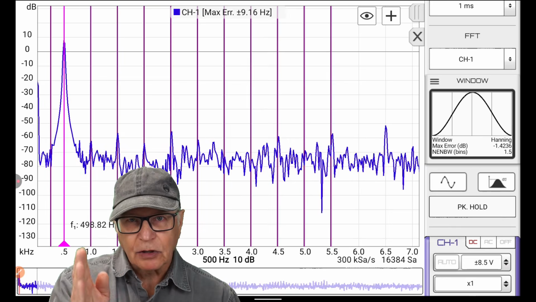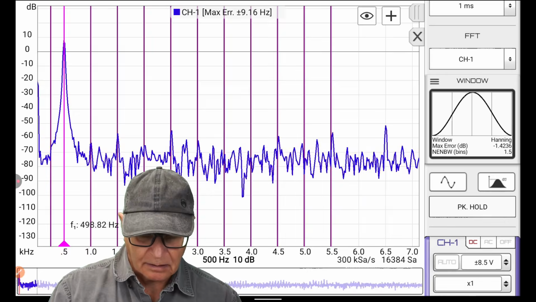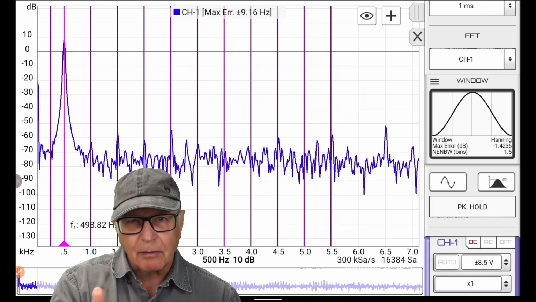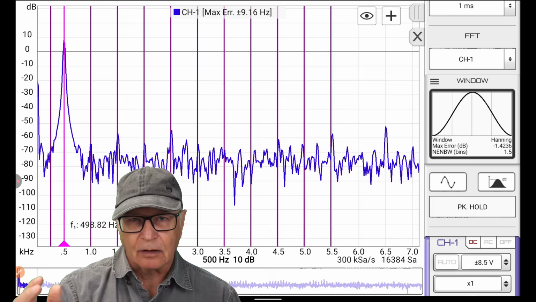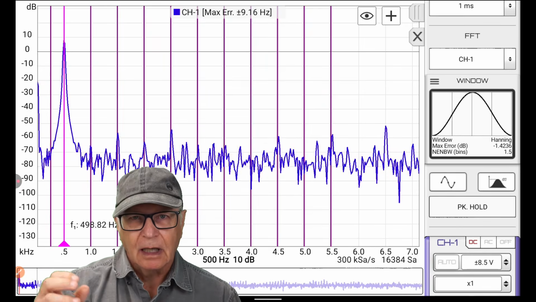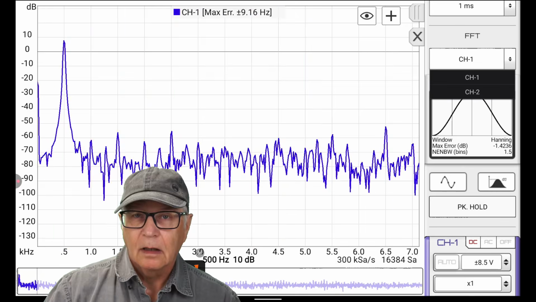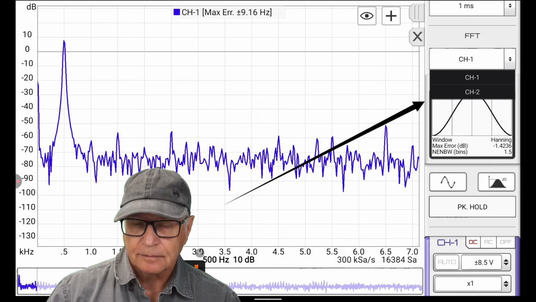And then multiples of that are the second and third and fourth and fifth harmonics. So if we see other peaks and they happen to line up with one of the harmonics, it may not be another signal at another frequency, but really a harmonic of the main signal. So let's have a look at channel 2 over here.